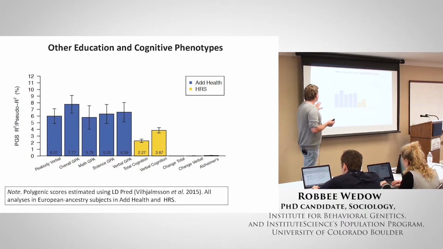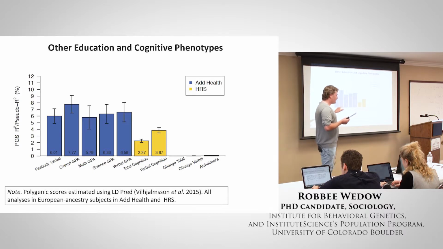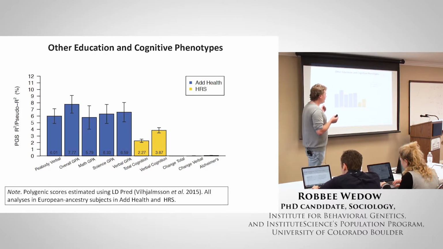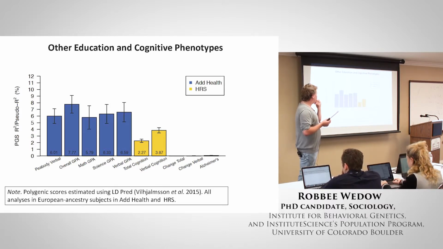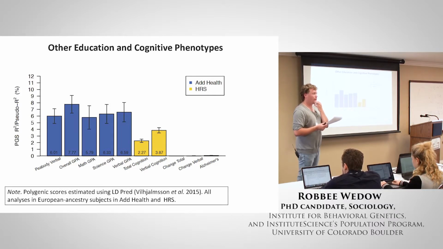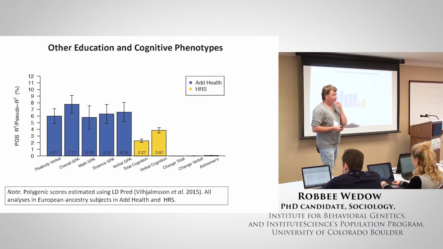And then in HRS, which we have depicted by the yellow bars, we have measures of total cognition and verbal cognition. We were also interested in measuring some wave-to-wave changes in these total cognition and verbal cognition variables. Finally, in waves 10 and 11 of HRS, there's a measure that's equal to 1 for respondents who report ever being doctor diagnosed with Alzheimer's and 0 otherwise.